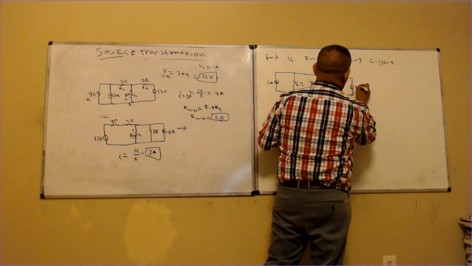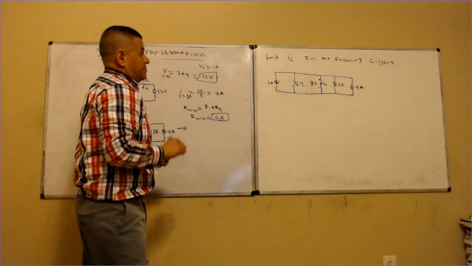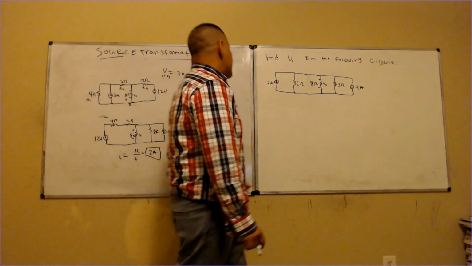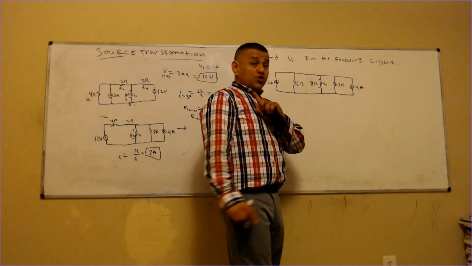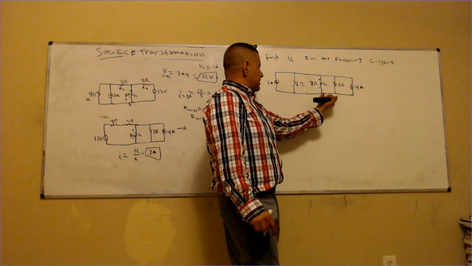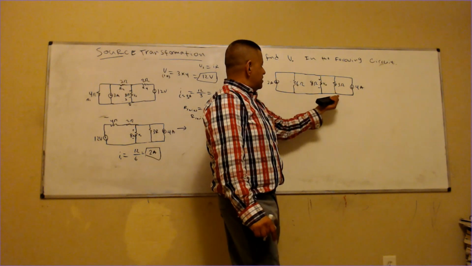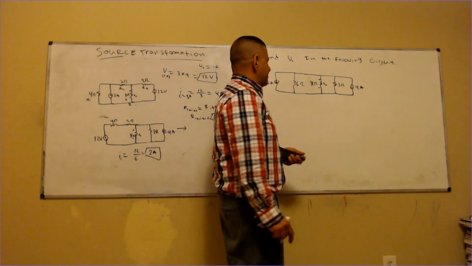Now, this is a 4 amp, yeah, that's a 4 amp, right? Now you can see that I have 3 resistors in parallel, right? 1, 2, and 3. And this guy is what I'm looking for, right?